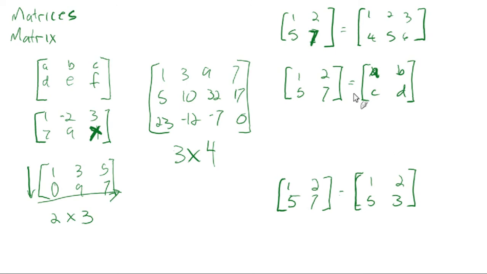So if these are equal, then A would have to be 1, and B would have to be 2, C would have to be 5, and D would have to be 7 here. So that's equality of matrices. They have to be the same size, and every entry has to be identical. Alright, and that's going to be it. In the next video, we'll add and subtract and do things like that with matrices.